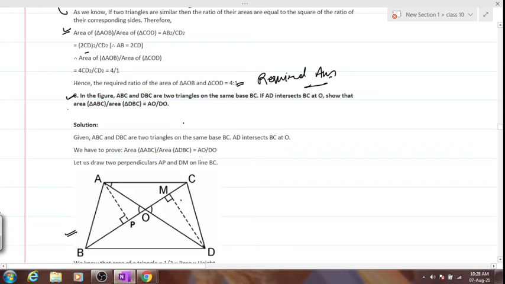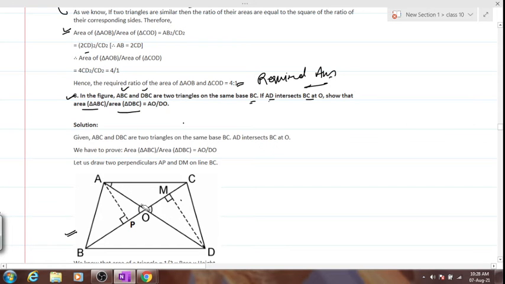Let's see how many can do it, or anybody can give me suggestions on how you will proceed with this numerical. First read the question carefully. ABC and DBC are two different triangles having the same base. AD intersects BC at point O. We have to show that the areas of these two triangles are in the ratio of AO is to DO.